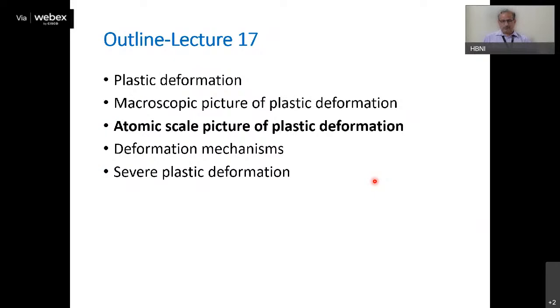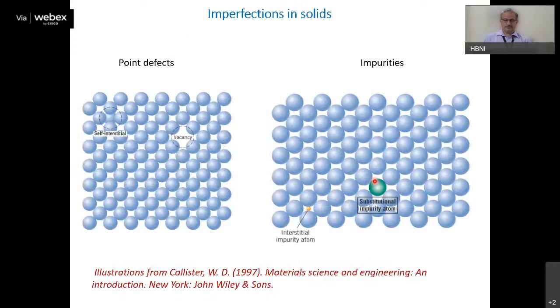These macroscopic pictures take the yield strength as a material parameter, and do not have any information about the actual atomic system, the actual character of the material. So in an actual system, how does this plastic deformation happen?